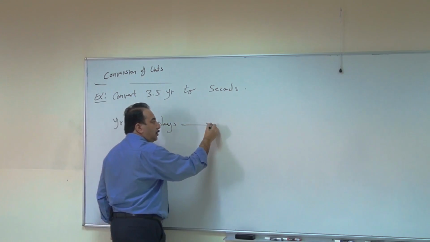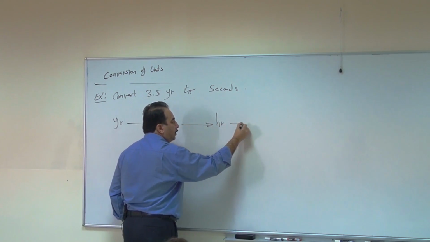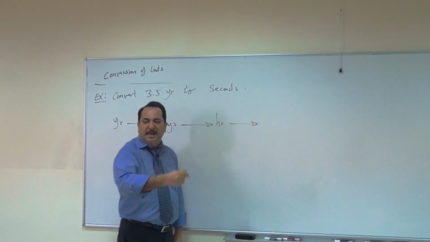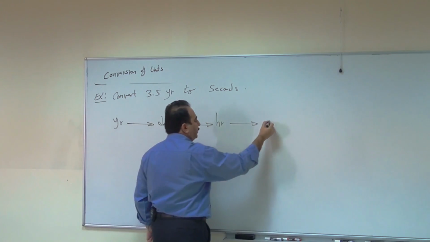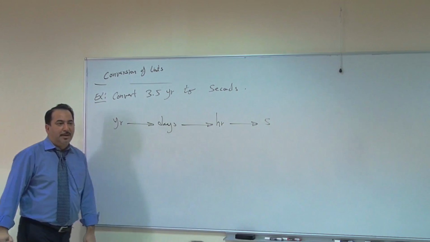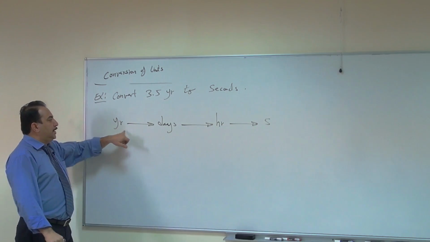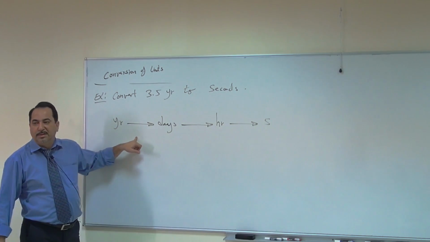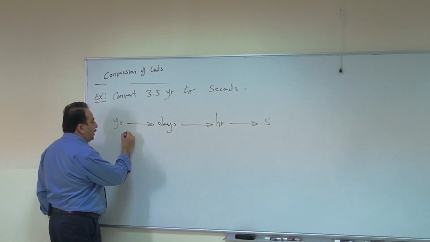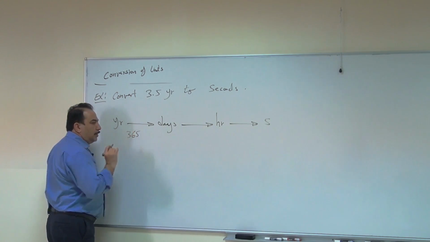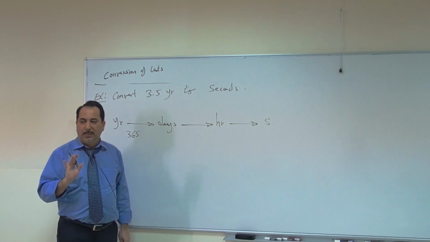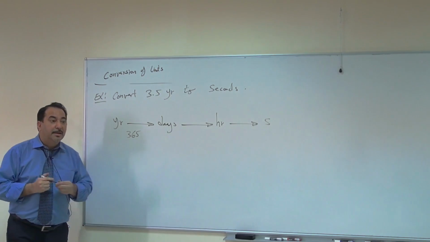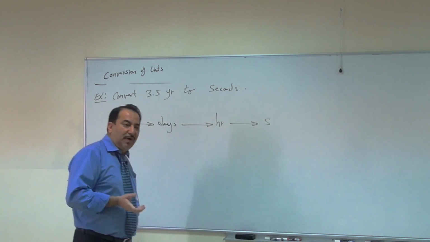Days to hours. Hours to minutes, then seconds. Now, years to days, what's the conversion? 365 days? This is not quite right. A year is not 365 days.